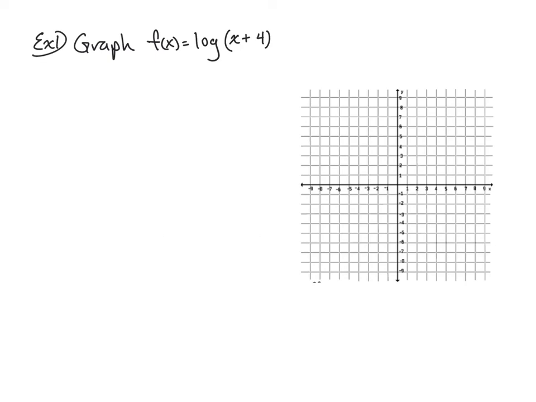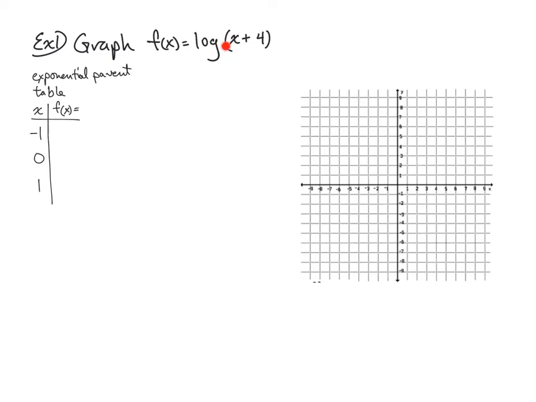Example 1, we want to graph this function f of x equals log of x plus 4. And in this case, it's pretty simple to see that the plus 4 is grouped up with the x. So the very first thing we want to do here is create the exponential table. The only problem is we don't know what the base is supposed to be.